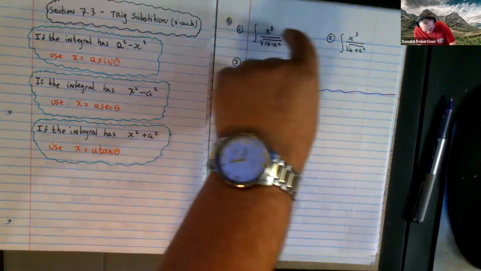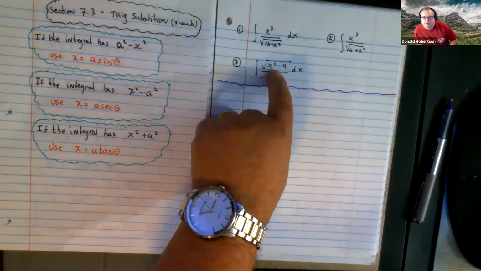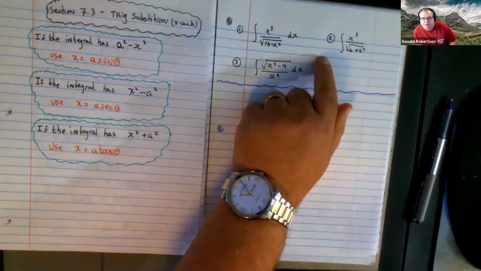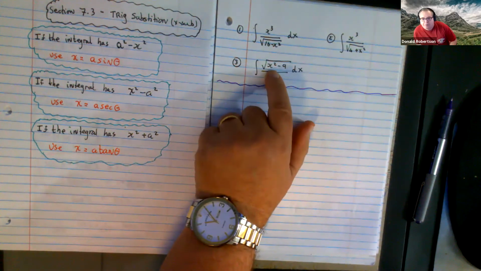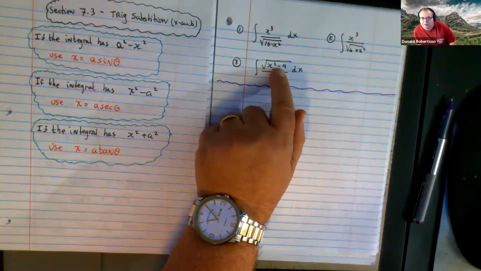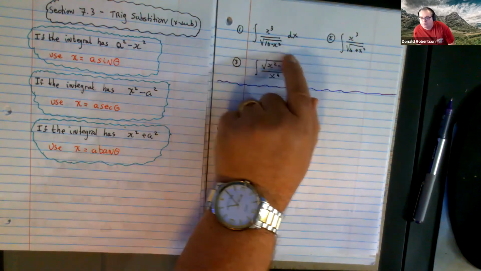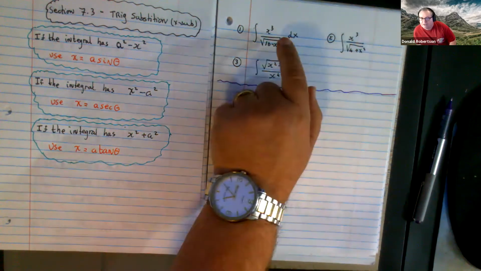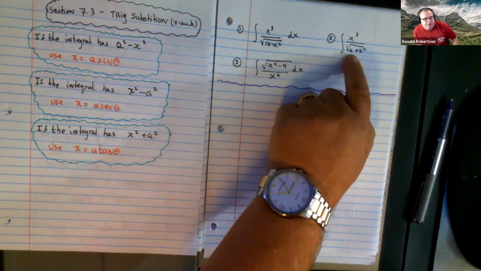You use it when you want to do integrals, and typically, but they don't need to, but typically they have square roots. But more importantly, they have an x squared in them. So it's going to be x squared minus a number, a number minus x squared, or x squared plus a number, right? That's the three main situations.